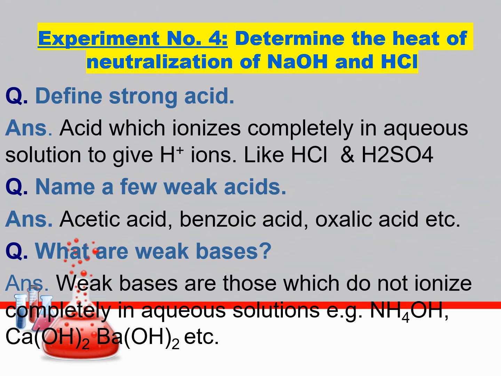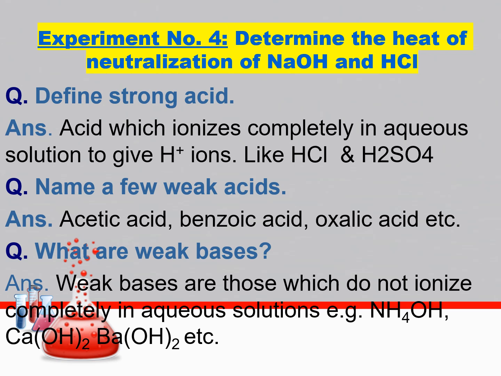So you keep it in your mind about this diagram. Relating to this experiment number 4, determine the heat of neutralization of NaOH and HCl. More question can be like, define strong acid. Acid which ionizes completely in the aqueous solutions to give hydrogen ions like HCl and H2SO4 are strong acids.